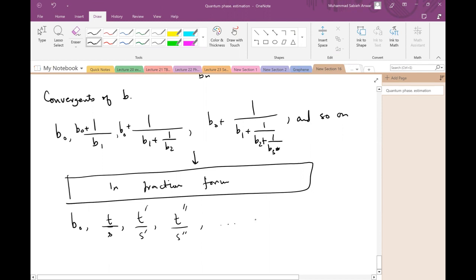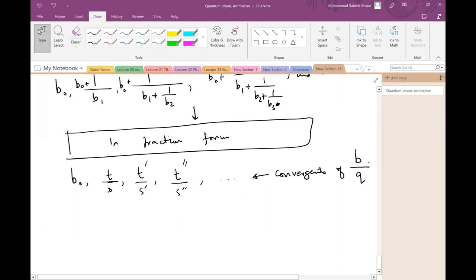So these are all the convergents of p over q. And then we choose a particular fraction in which the denominator is the maximum but less than n. That will be our choice of r.